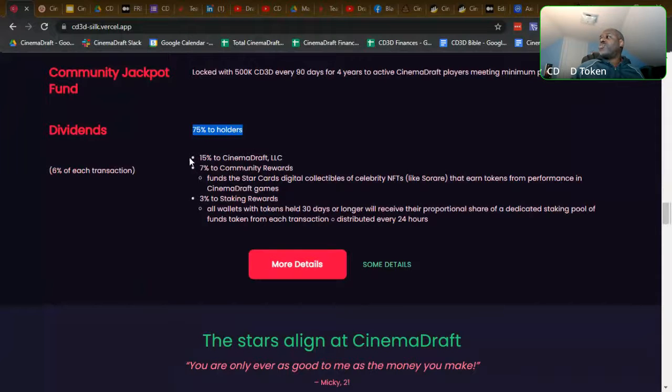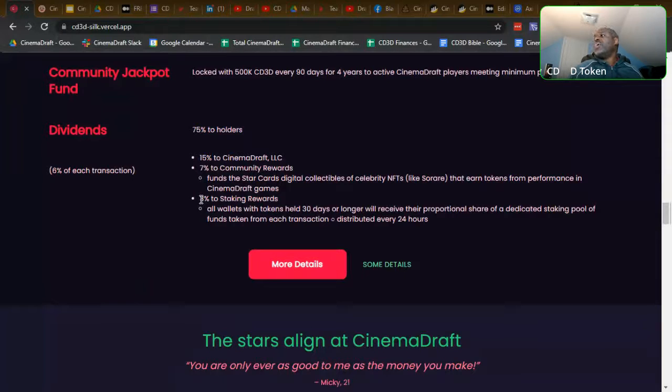75% to holders, 7% to business, because we are a business. 7% in community rewards. And this is the pool from which we will draw to fund our start. Right now, it's kind of stacking up tokens so that when we do release our celebrity app in 6 to 8 months, we will be using funds from this pool to reward Star Cards users.